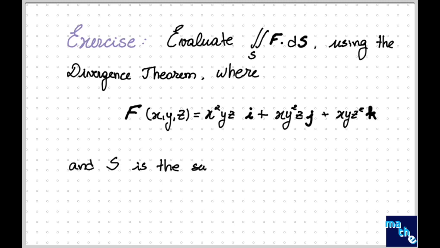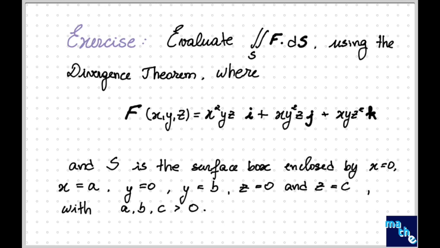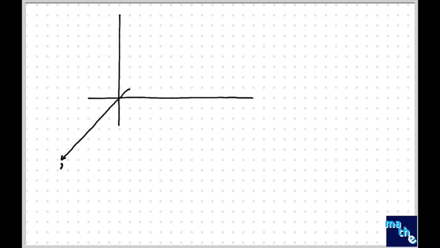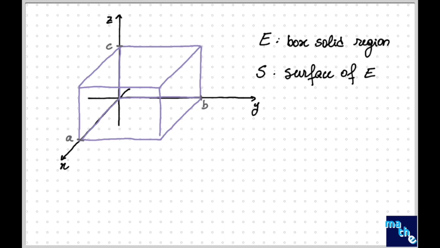You are also told that S is the surface of the box bounded by the equations that are appearing on your screen, where A, B, and C are positive numbers. For a better understanding, let's start with a sketch of our surface. And let E be the box solid region and S its boundary.